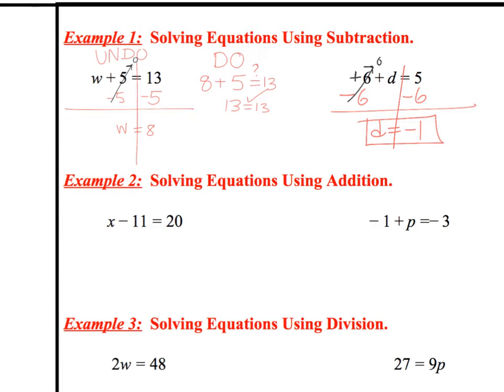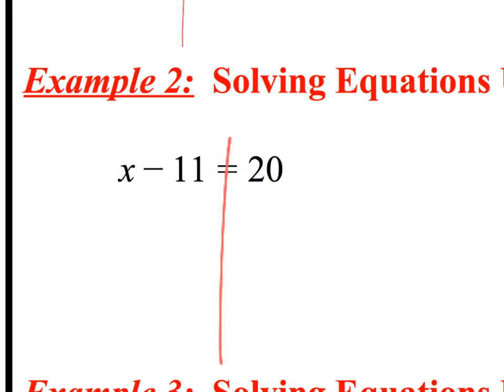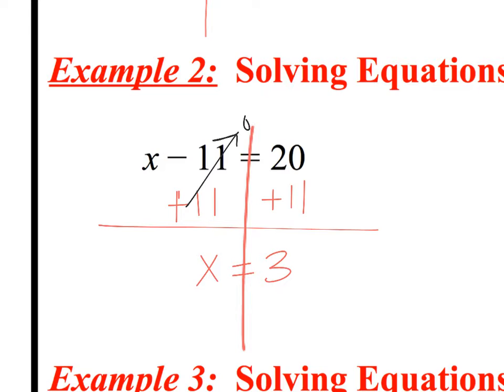And so we've got subtracting 11, so how am I going to undo it, Lucas? How do I undo subtracting 11? Adding it. Yeah, so we're going to add 11 to both sides. Plus 11. Plus 11 goes to 0. So we get to cross it out. So x is equal to 31. Now, again, you can check your work.